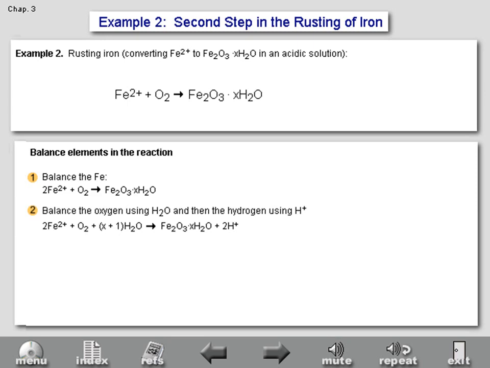This equation represents the second step in the rusting of iron, the reaction of ferrous ions with oxygen to produce rust.